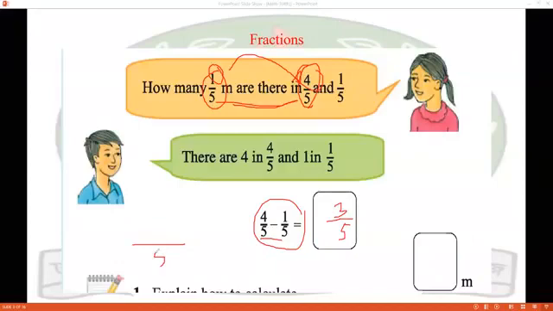So we write 5 divided by 5 is 1, so 4 into 1 means 4, minus 5 divided by 5 which is 1, so 1 into 1 means 1. So we can write 3 by 5. In this way we can find the result of the subtraction of fractions.